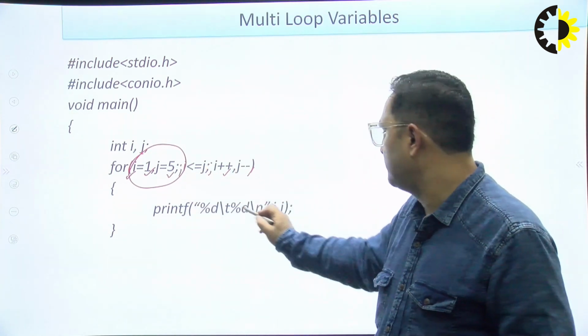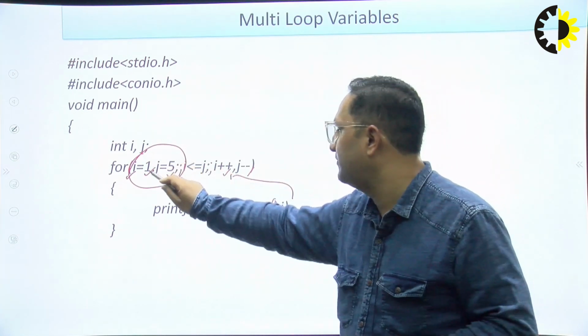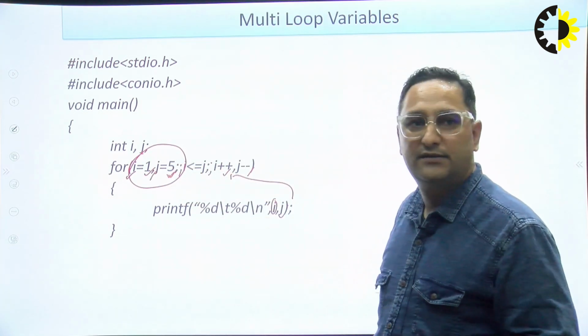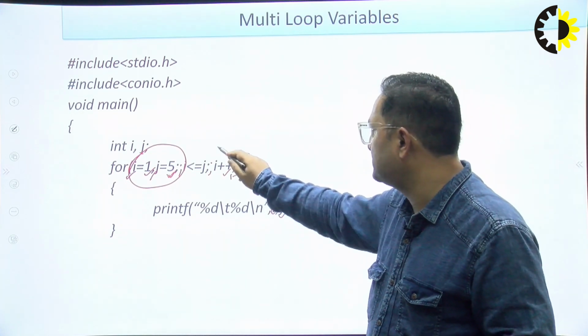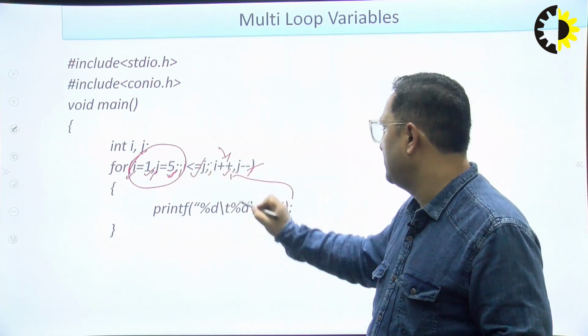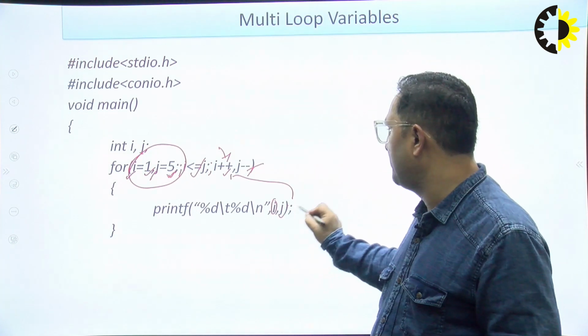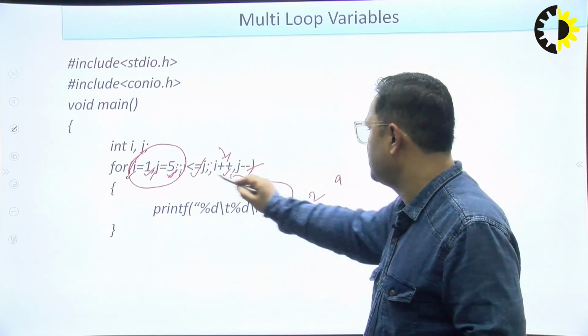So it will print both i and j, and then update both. The i value starts from 1, the j value starts from 5. It is decrementing j and incrementing i and checking the condition. After the first iteration, the value of i becomes 2 and the value of j becomes 4. It again checks the condition.